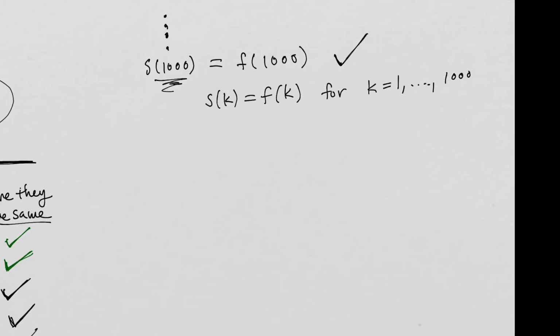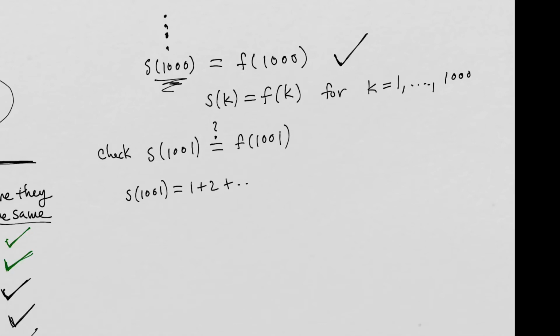And then I say to you, hey, can you please check that S of 1,001 equals F of 1,001. And so you're going to look at this and you're going to say, okay, S of 1,001, well, that's equal to 1 plus 2 plus ... plus 999 plus 1,000 plus 1,001.